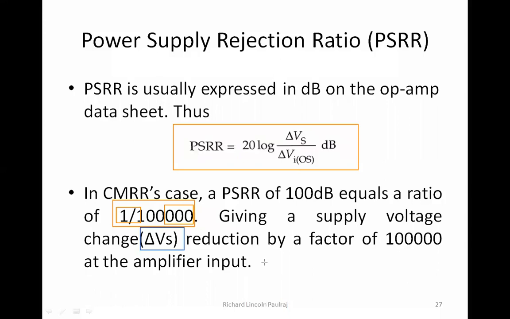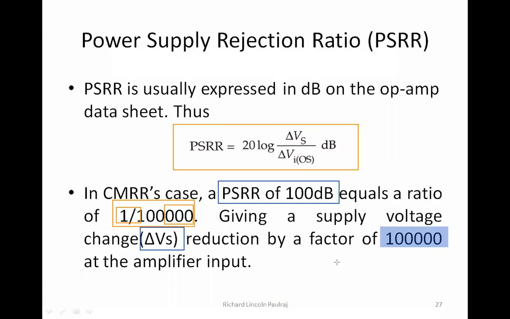Which means if the system has a PSRR of about 100 dB, then what happens? It can reduce the changes by how many times? 100,000 times. So isn't it playing a huge factor here? Yes or no? Isn't the power supply rejection ratio playing a huge factor?